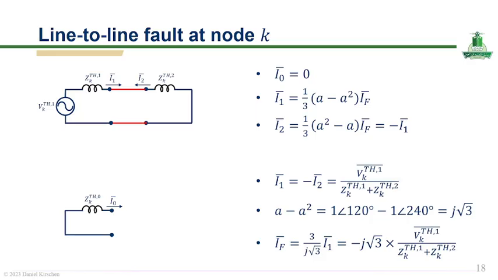As a result, the fault current is determined by the sum of these impedances and the Thevenin voltage at node K. The final expression shows that the fault current is proportional to the positive sequence current and includes a factor of minus j square root of 3, highlighting the phase shift introduced by the fault. This analysis is essential for understanding fault behavior and for designing protection systems in power networks.